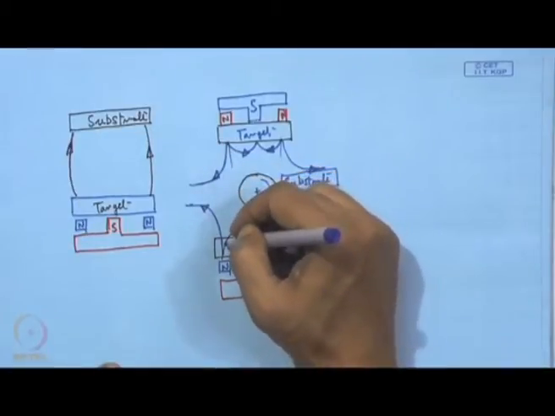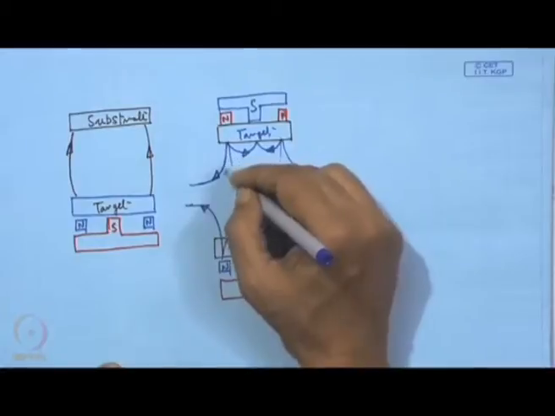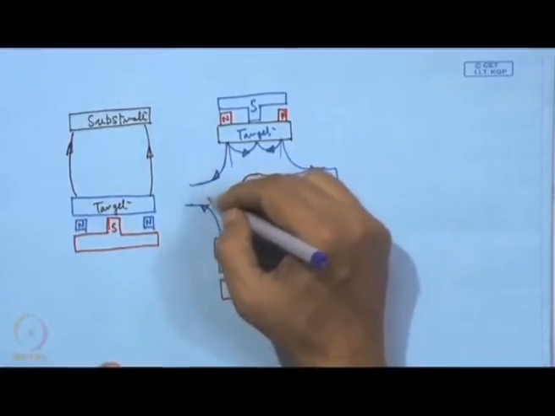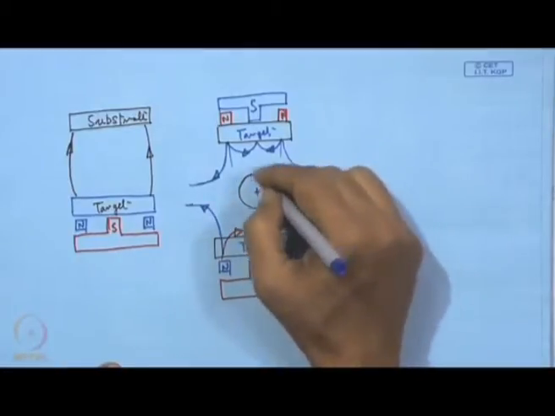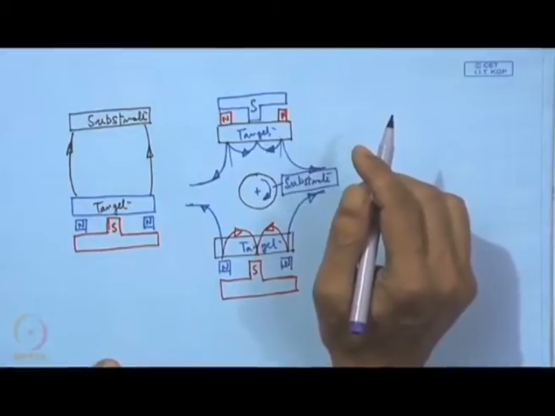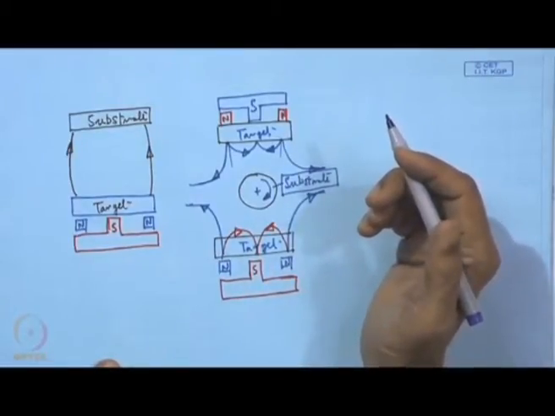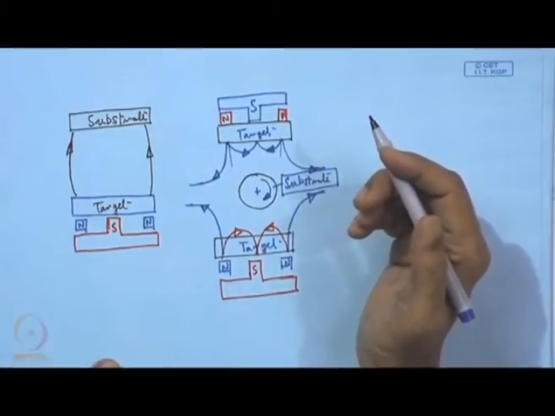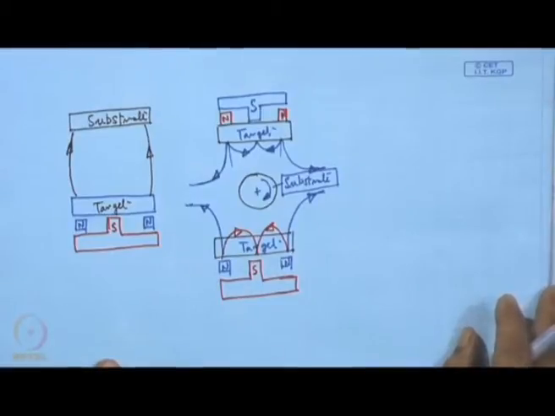They are facing each other, that is why the field lines are almost like repelling each other, and we do not have a densification of the plasma. So, this we call mirror field, and this can be useful where we do not require a dense coating, rather a coating with low density or even porosity.